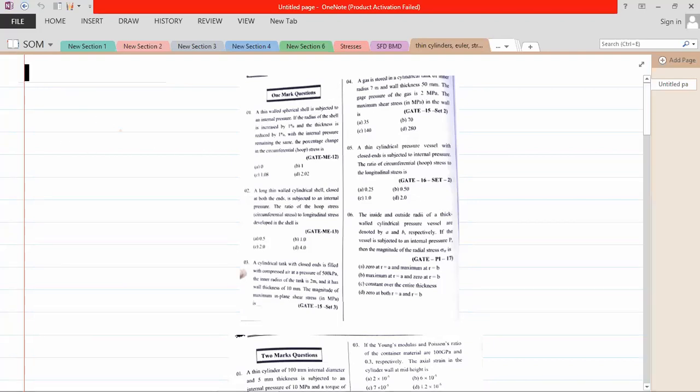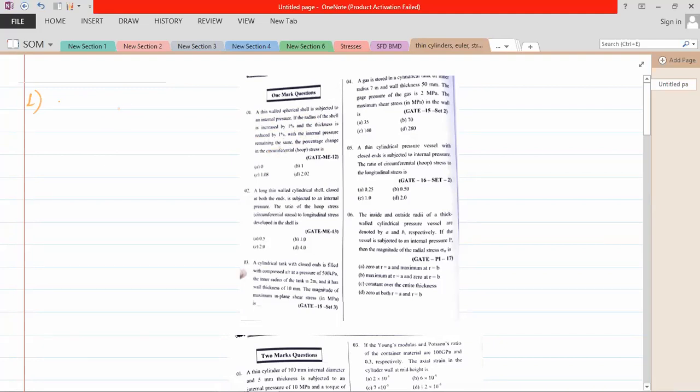So going with the thin cylinder part. For the first question, it is given a thin-walled spherical shell is subjected to internal pressure. If the radius of the shell is increased by 1% and the thickness is reduced by 1% with the internal pressure remaining the same, what is the percentage change in the circumferential stress?